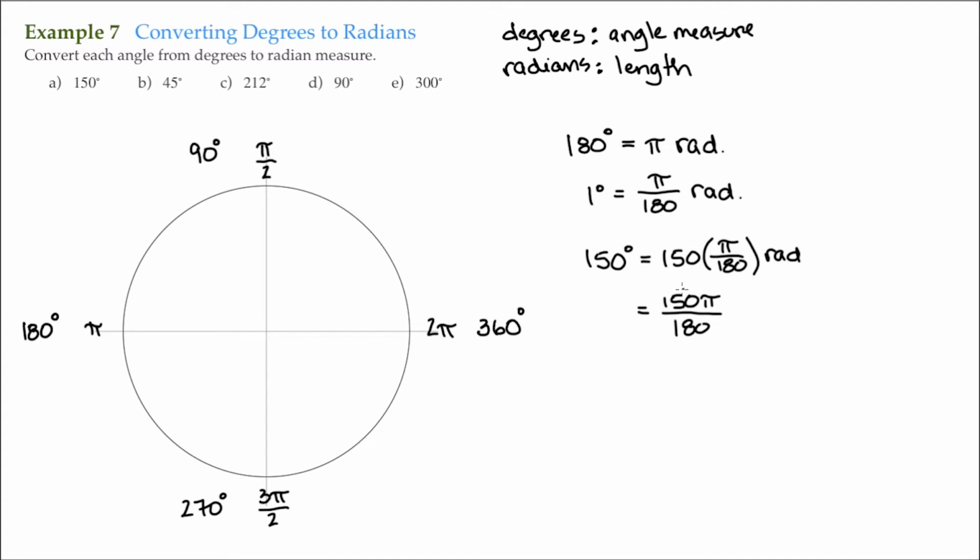We can simplify 150 pi over 180, and that simplifies to 5 pi over 6 radian. 150 degrees is right about here, and that's where 5 pi over 6 would be. So for A, we have 5 pi over 6 radian.